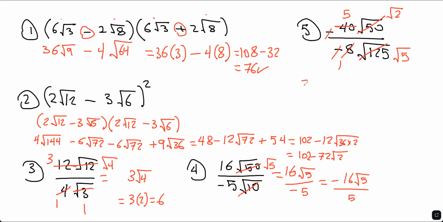Now we have the answer 5 root 2 over root 5. And this here is going to bring us to the new lesson, the last question here, which is rationalizing denominators. Okay. So rationalizing denominators.